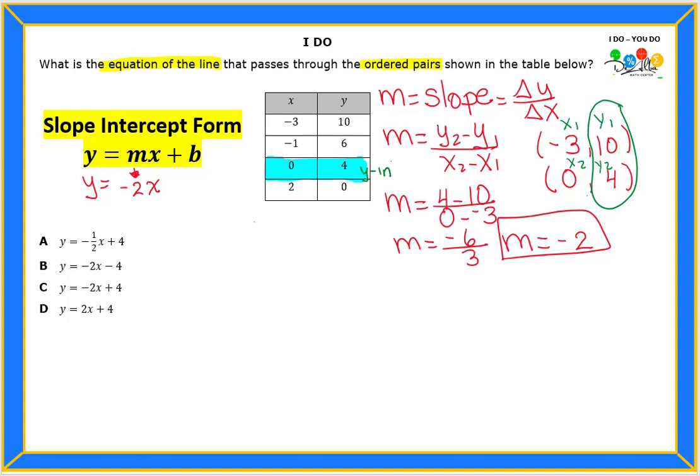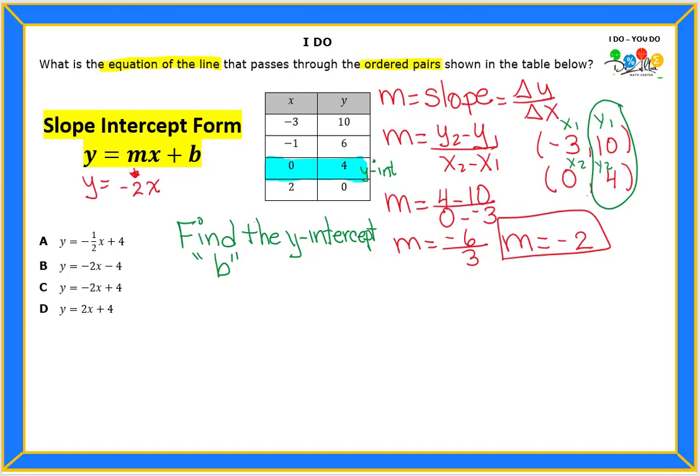But if you don't remember your definition for the y-intercept, then we're going to need to work out the problem, which is perfectly fine. So we're going to find the y-intercept, which I'm writing right here as b.